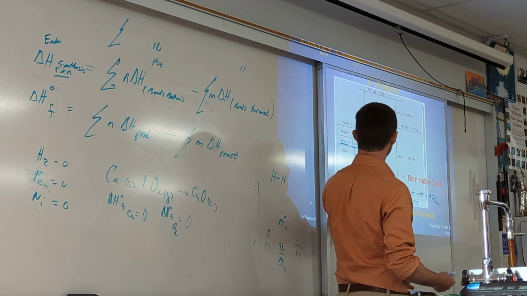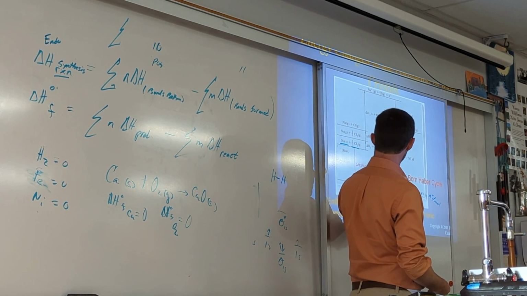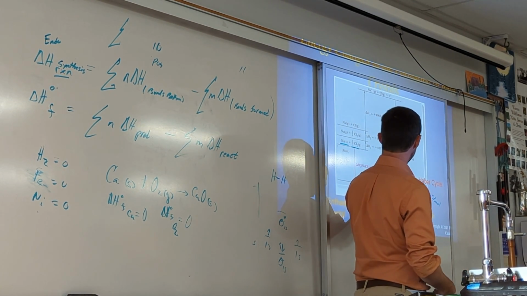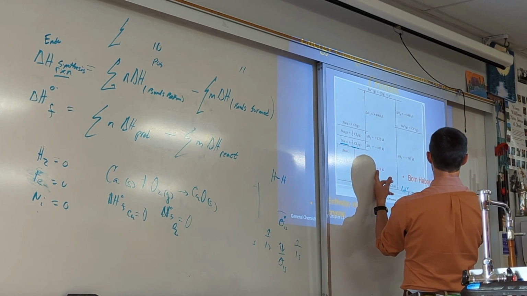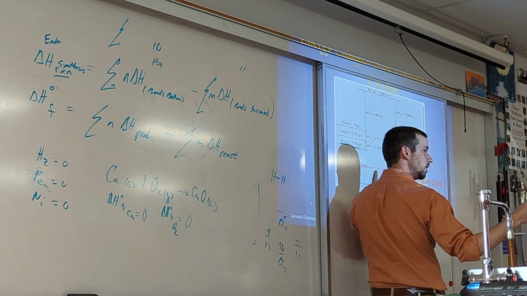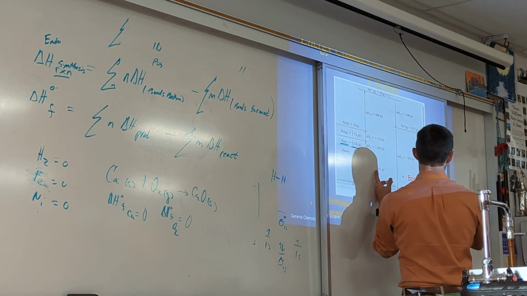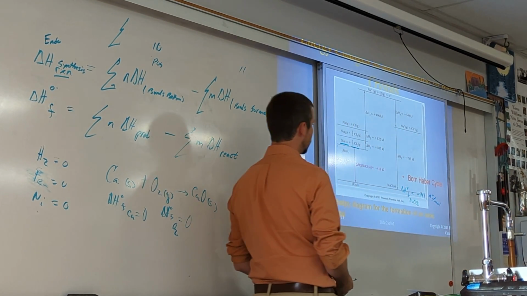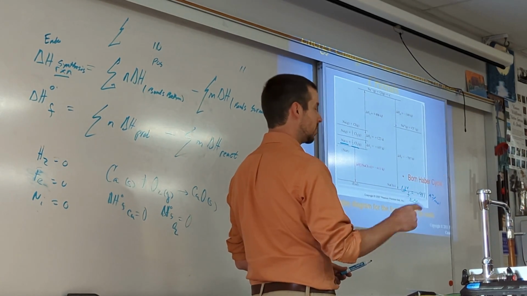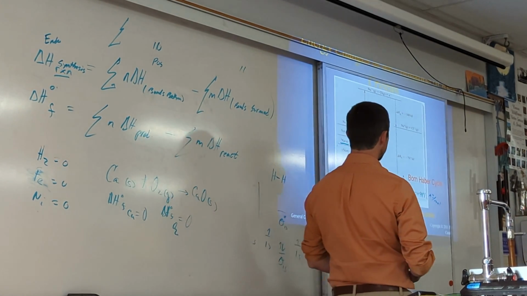You guys got 181? You got 410. Oh yeah, here it is, 411, as a solid, right? Negative 410.9. Bring that up tomorrow. That's a good question. I like that. We'll talk about that tomorrow.